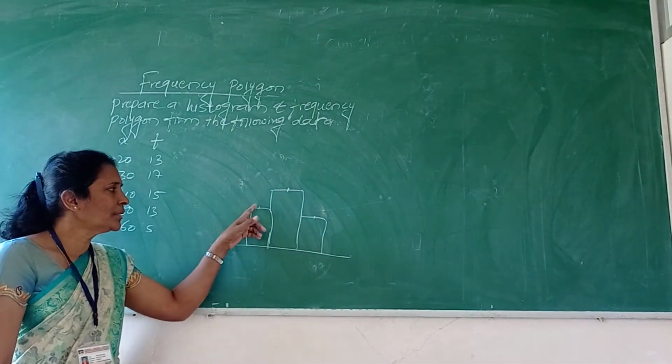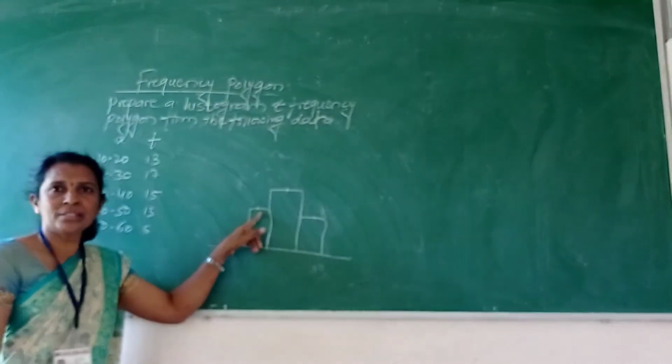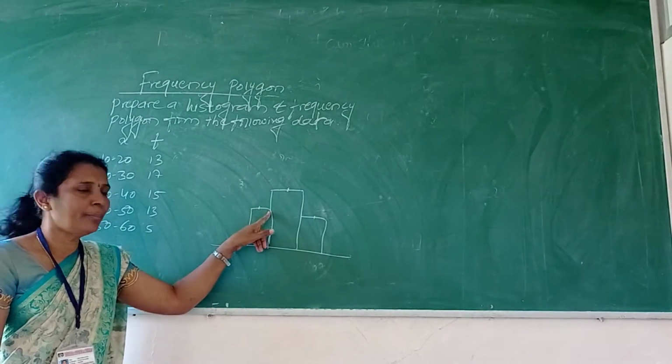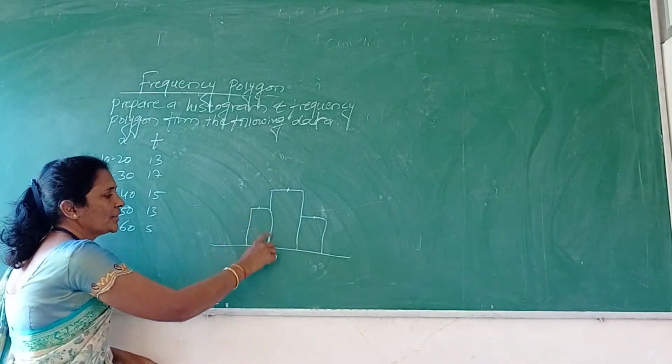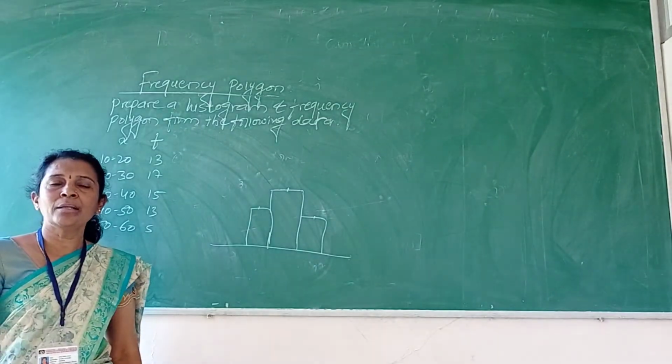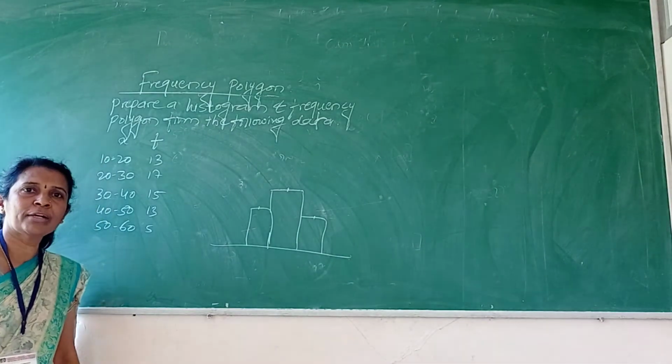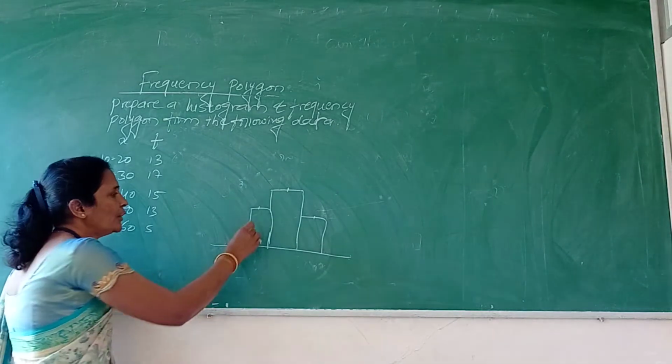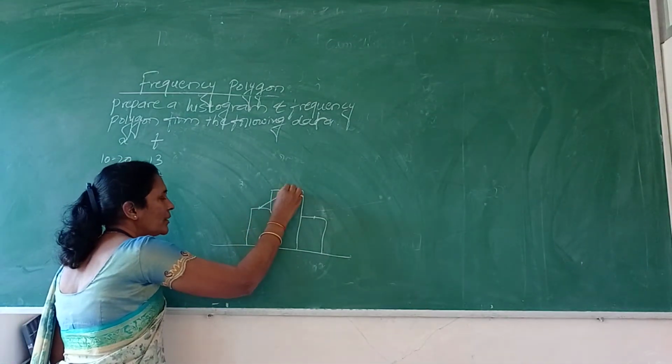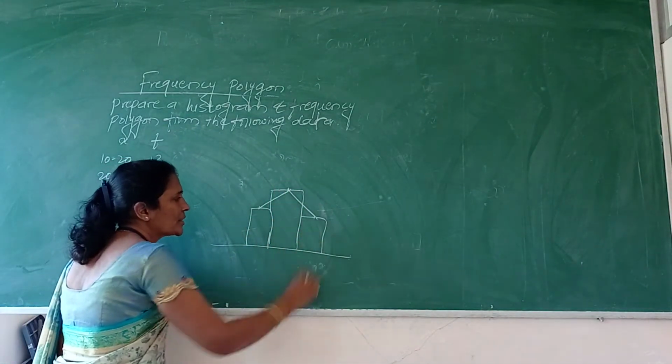So all the midpoints of the top of the rectangles are joined with the help of a scale. So we are going to join these midpoints.